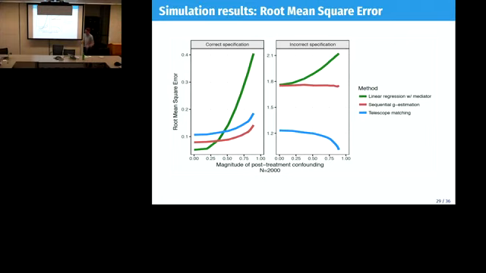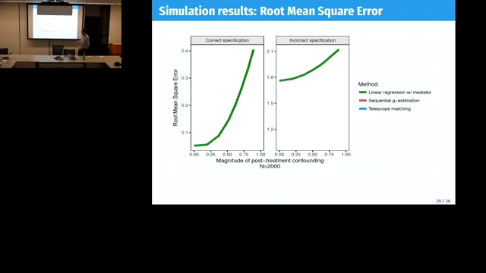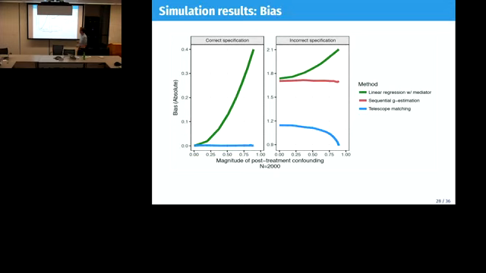In the incorrect specification case, the bias in matching tends to be pretty large in terms of magnitude. Part of this is going to be due to imperfect matching. And one thing to note is that this is technically incorrectly specified, because we're doing bias correction here, but with the wrong covariates.